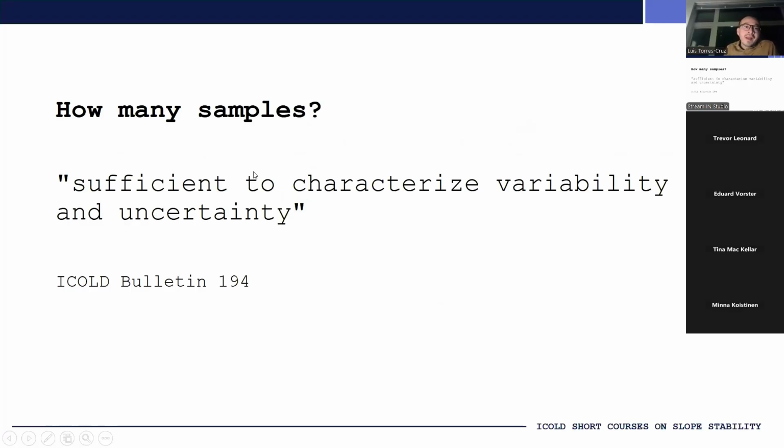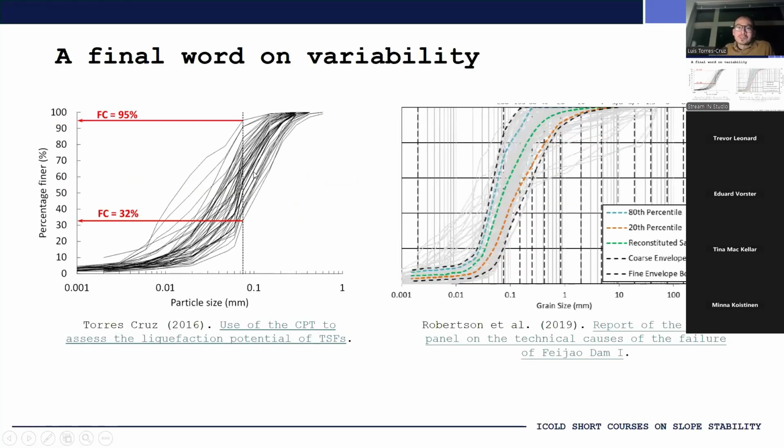Then the question of how many samples, and that was also partially addressed by Andrew before me. Well, sufficient to characterize variability and uncertainty is what the bulletin tells us. And variability and uncertainty, we have a lot of in tailing storage facilities. So to illustrate some of that variability, I am showing you here particle size distributions from multiple samples obtained from the same tailings facility.